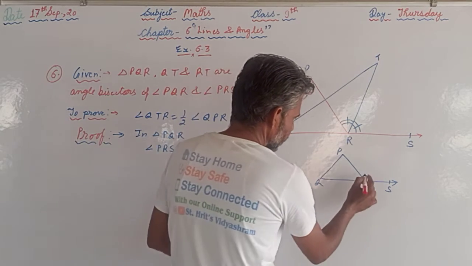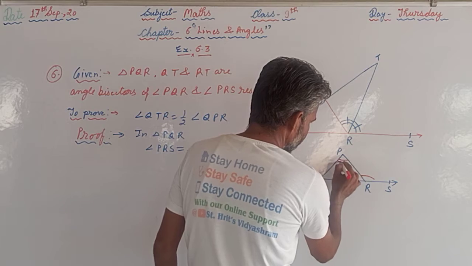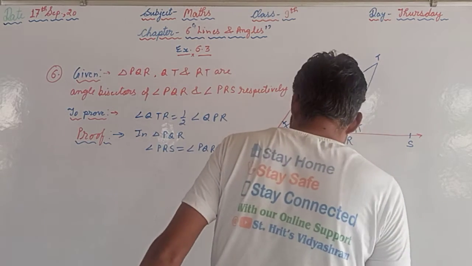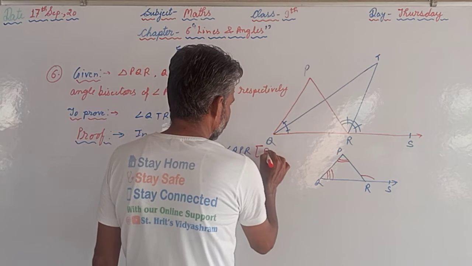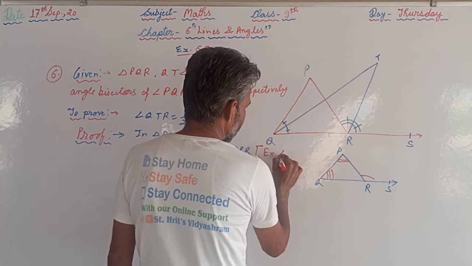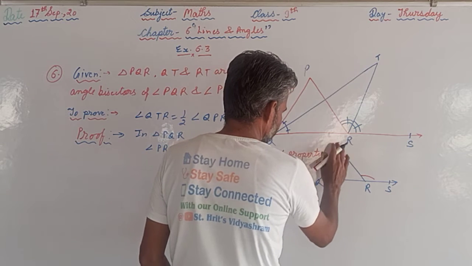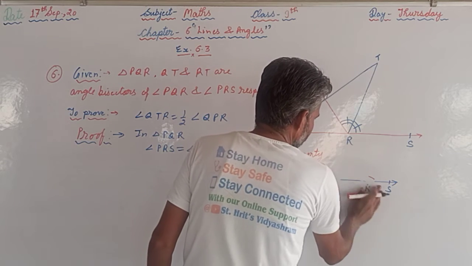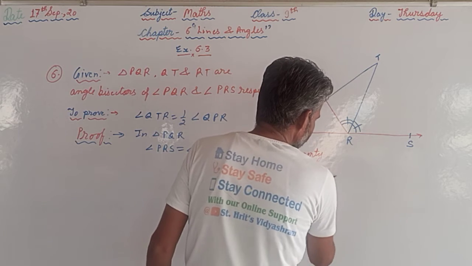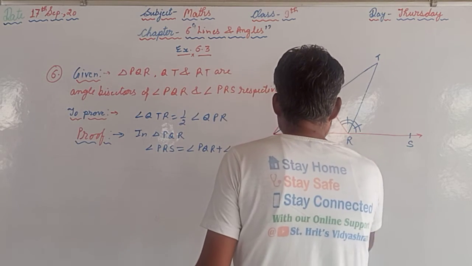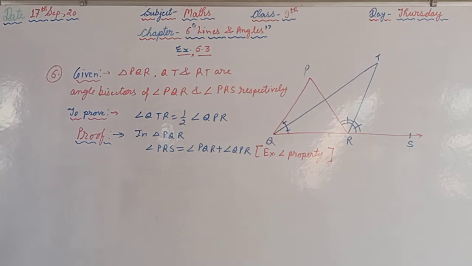Now this angle will be equal to this angle plus this angle, by the exterior angle property of a triangle. The exterior angle of a triangle is equal to the sum of the opposite two interior angles. So this is the property of a triangle.